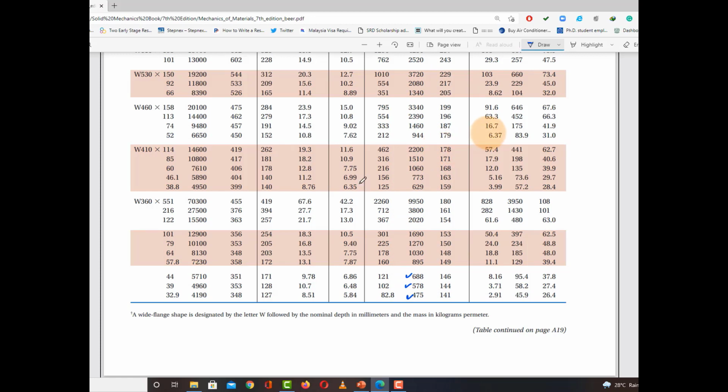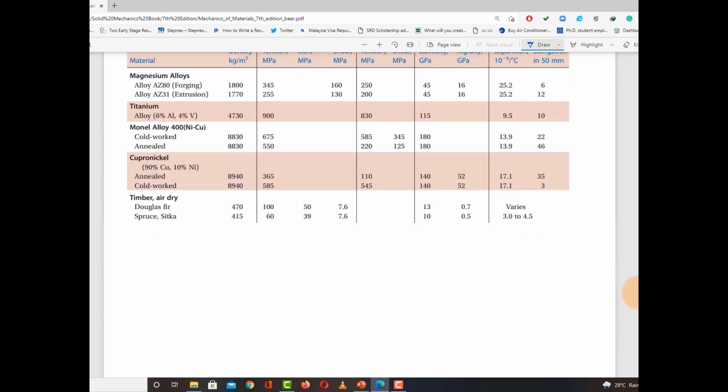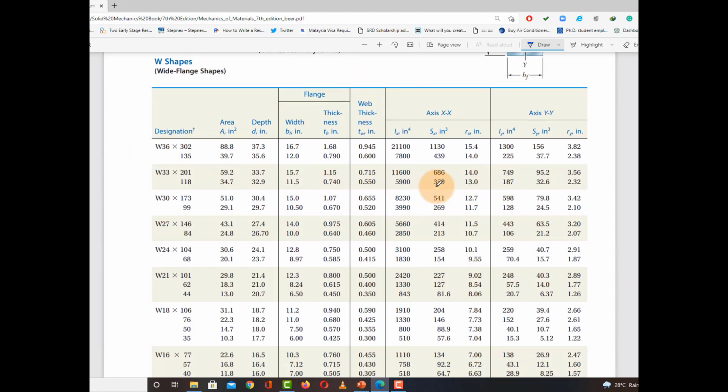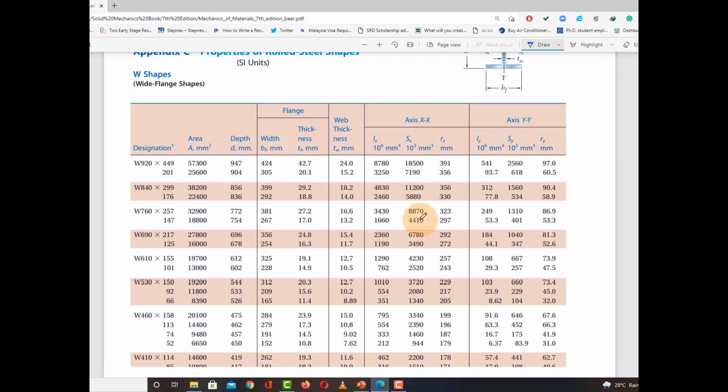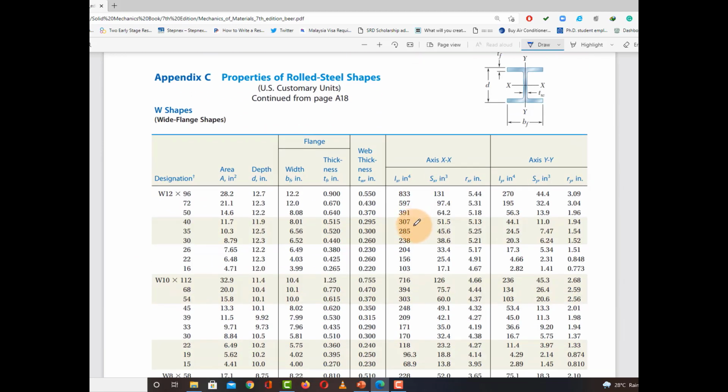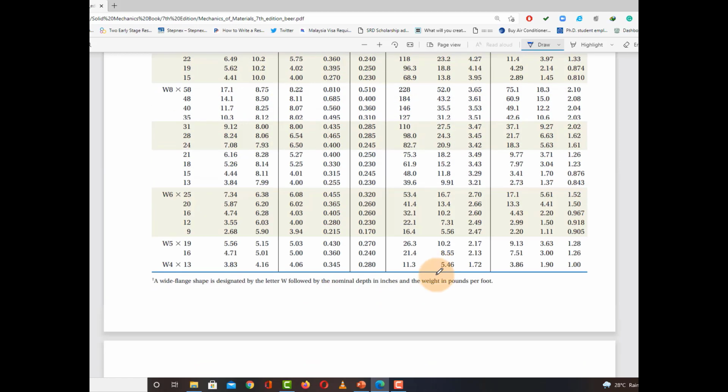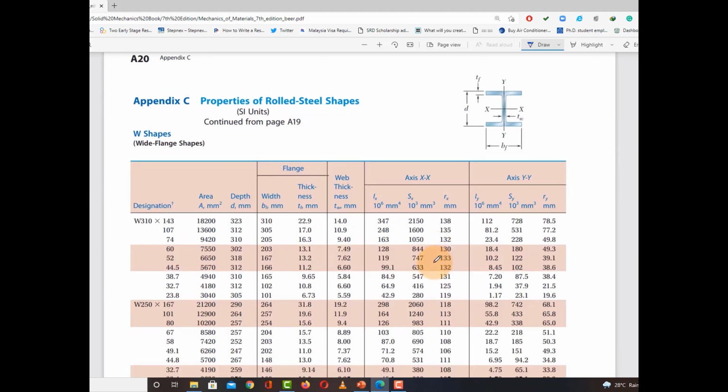Again, if you go above, let me check. Again 442. W24 by 42, you can see this is 416, which is less than 422, so you cannot select this beam.